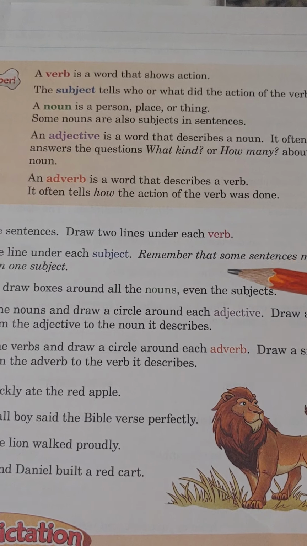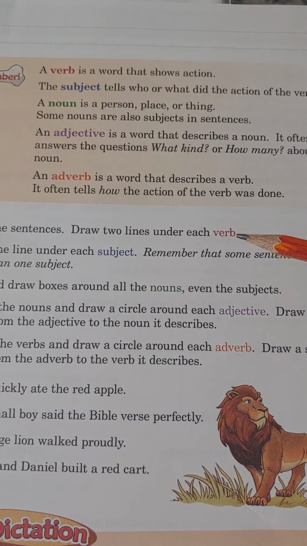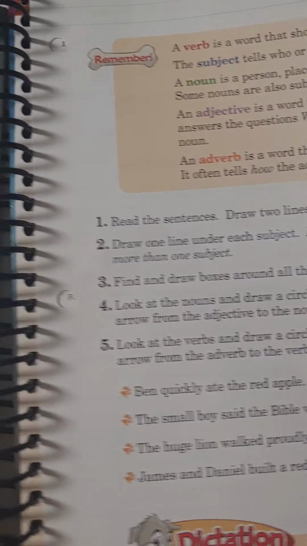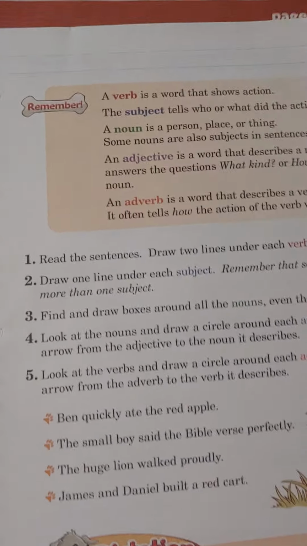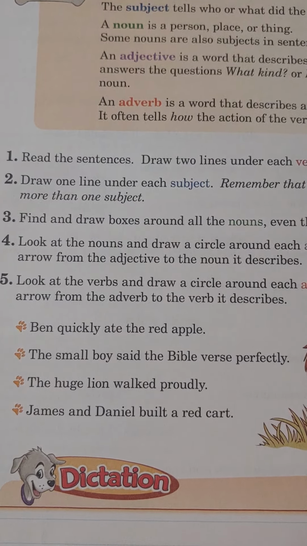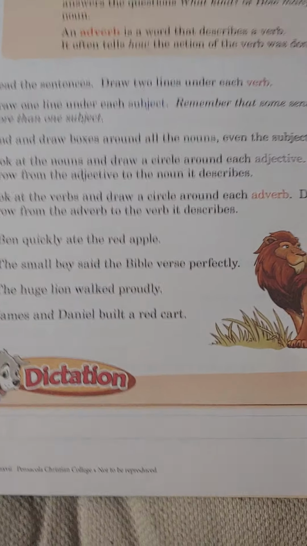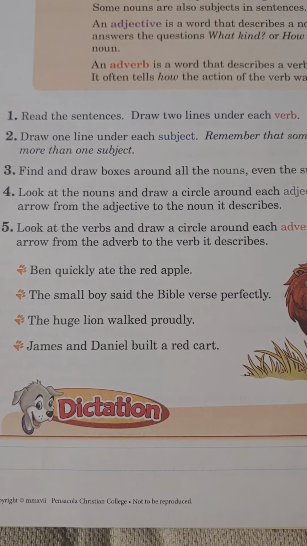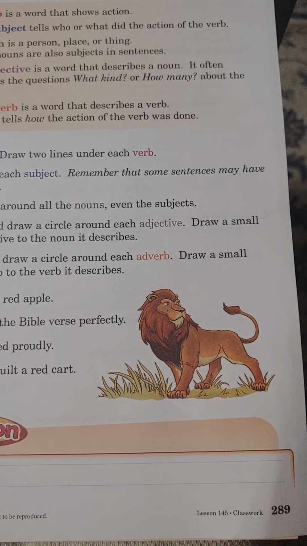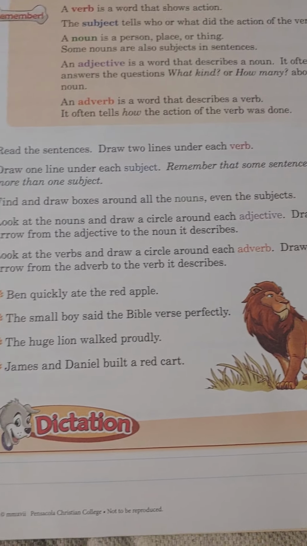Read the sentences. Draw 2 lines under each verb. That's our directions for number 1. Number 2 says, draw 1 line under each subject. Remember that some sentences may have more than one subject.